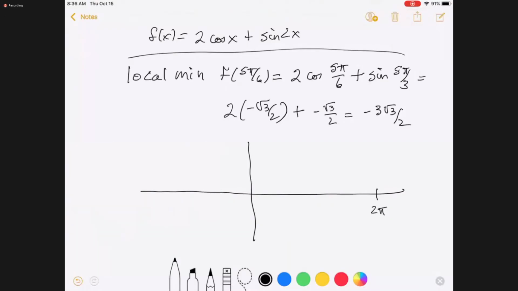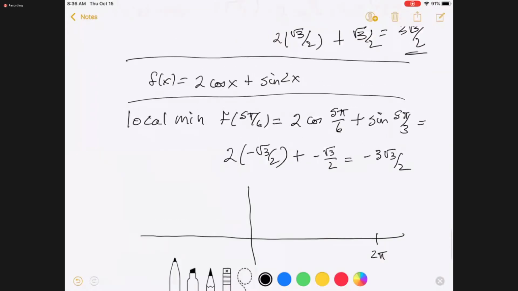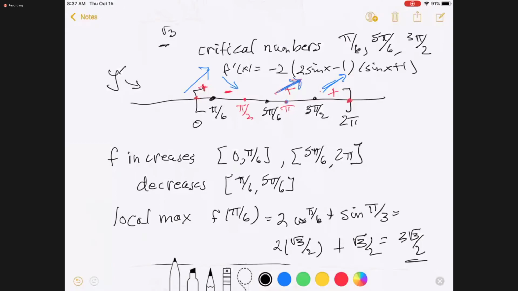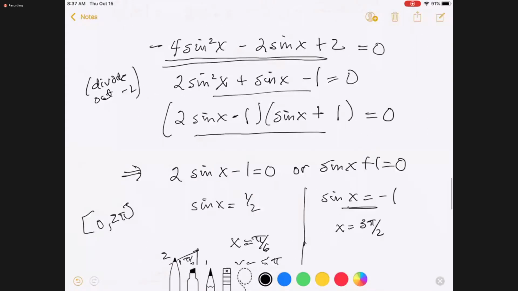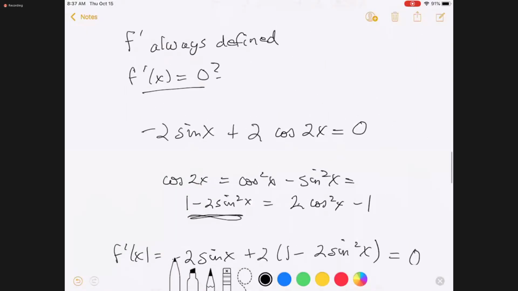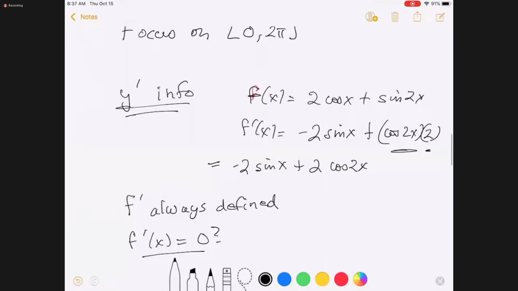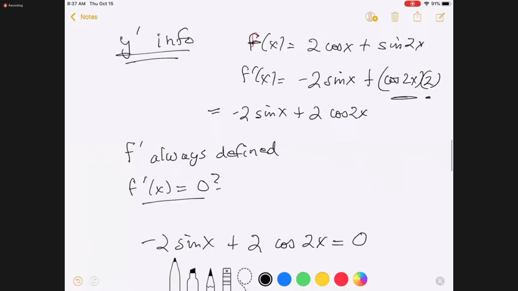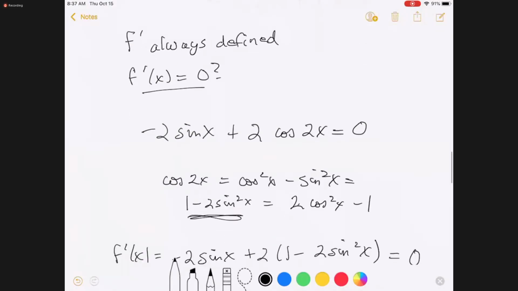I know my y-intercept was 2. X-intercepts pi over 2 and 3 pi over 2. Is that right? Oh, this is where I miss a blackboard. I could just look over to the other side instead of going back.